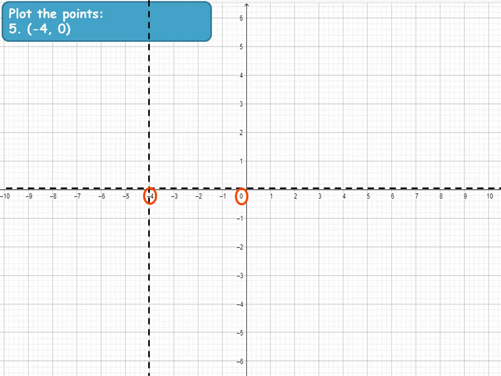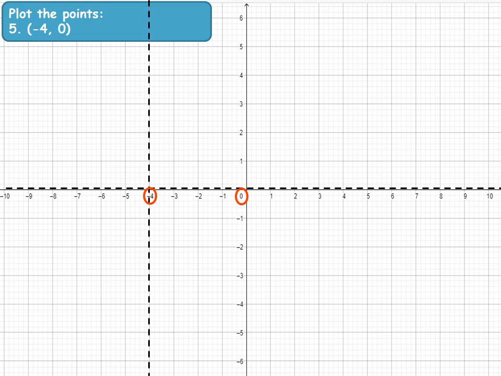If there is a coordinate and the y value is 0, that means we keep the point at the x. If we have a coordinate where the x value is 0, we keep the point on the y value.